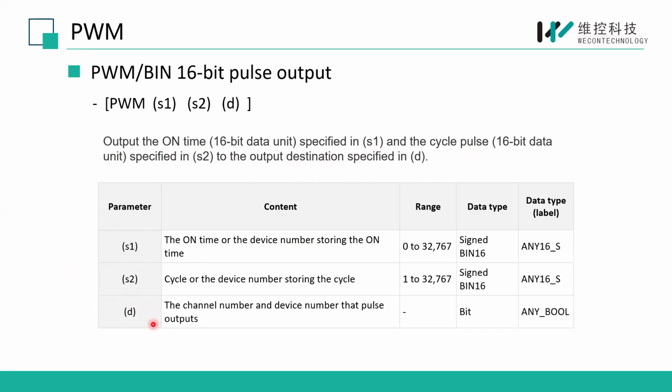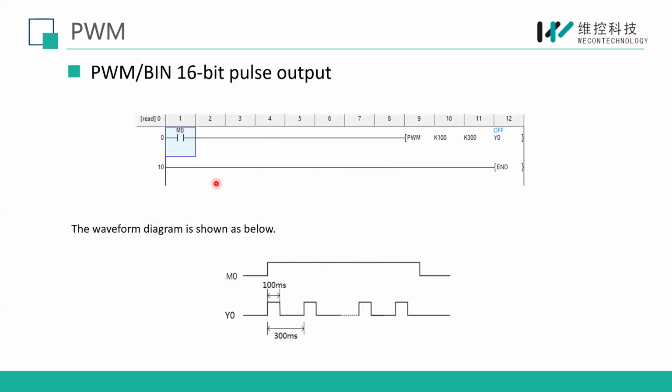It is a control method by changing the duty width of the pulse signal. There are just 3 parameters in here, and let's see the demo. First, we set the on time to 100, and the cycle time is 300.